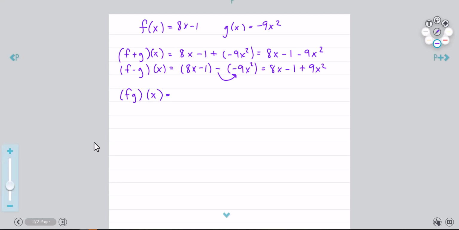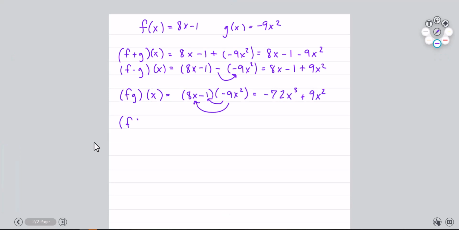So multiplying would be 8x minus 1 times negative 9x squared. I would distribute this, so this would be negative 72x to the third power now. And then I would distribute this, negative and a negative would be plus 9x squared.